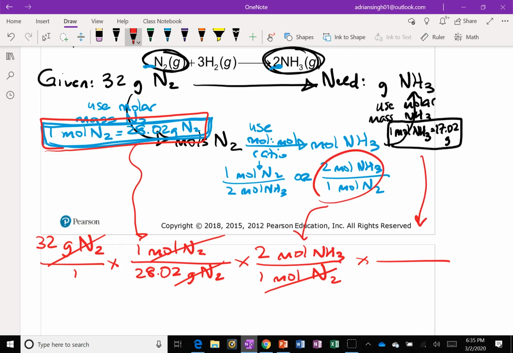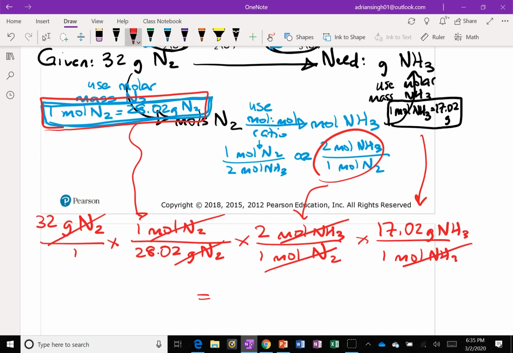And if you want to end up with grams, the grams are going to go on top, 17.02 grams of NH3 for every 1 mole of NH3. Moles go away. And we end up with grams of ammonia, which is what we needed. So my units make sense.